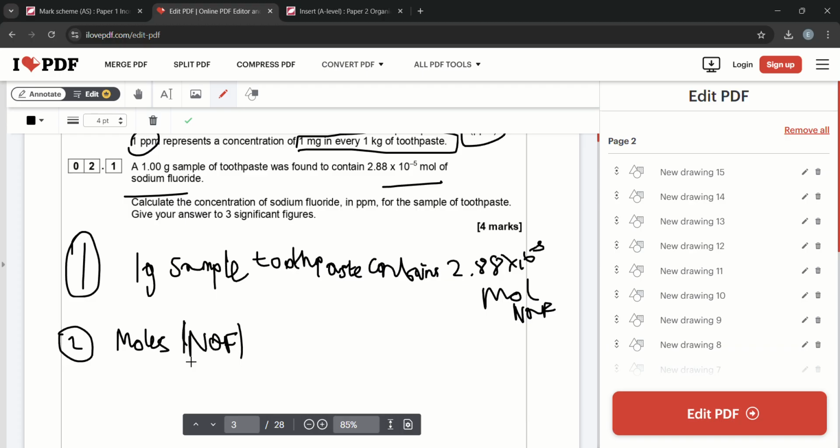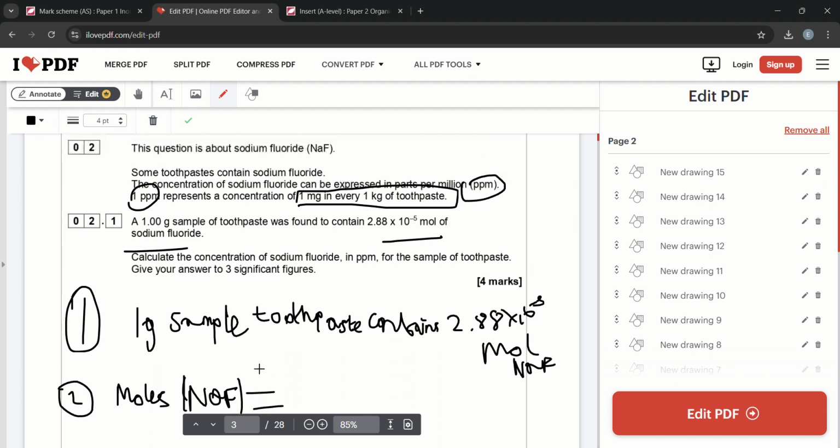Moles is equal to what? No, sorry, not the moles of NaF, the mass of NaF. Moles is equal to mass over Mr, so mass is moles times Mr. 2.88 times 10 to the power minus 5 times the Mr of NaF.